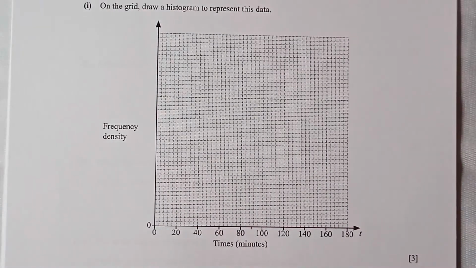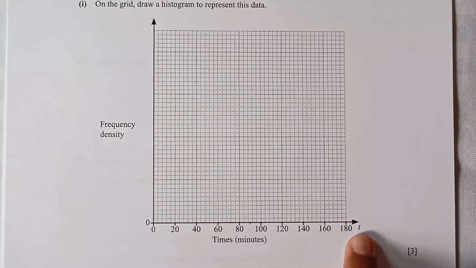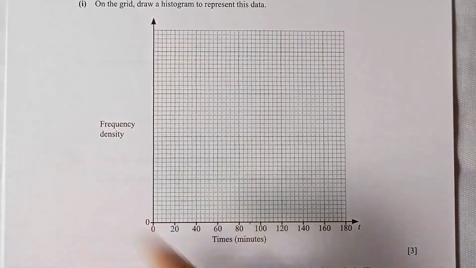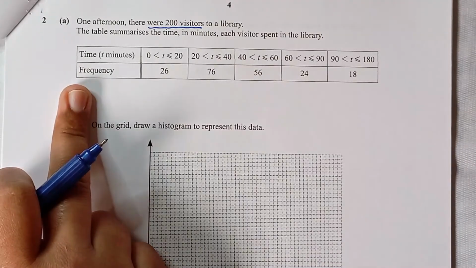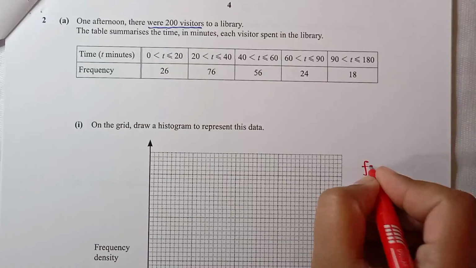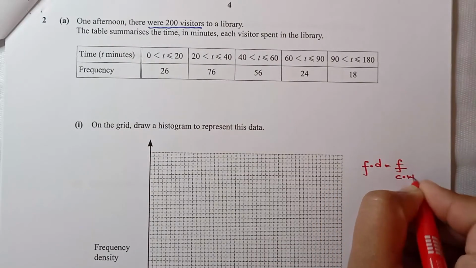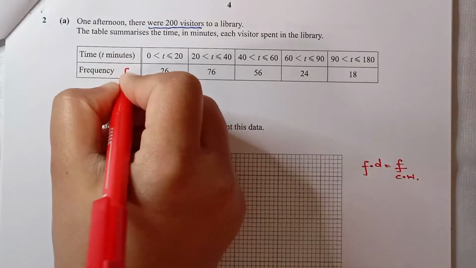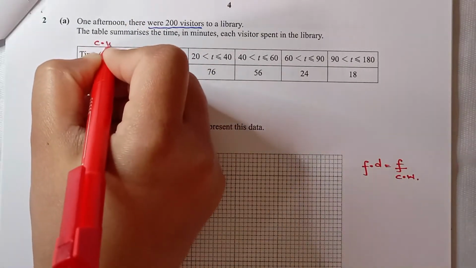For the histogram, we have the time in minutes horizontally and the frequency density vertically. The time is already given, along with the frequency, so we need to find the frequency density. The formula is frequency divided by class width.